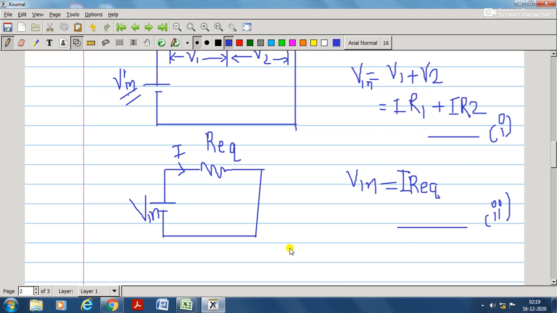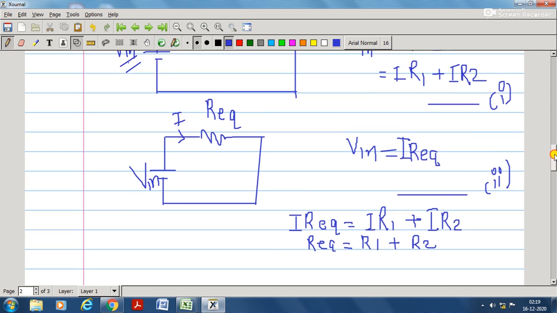We can write I into R equivalent will be equal to I into R1 plus I into R2. So if you take I as common, in the overall sense we can write R equivalent equals R1 plus R2.